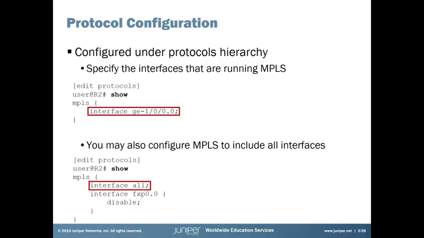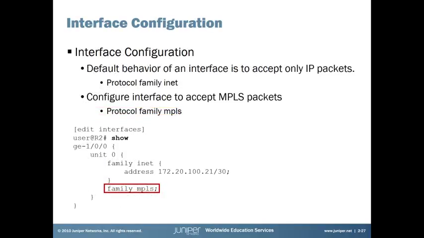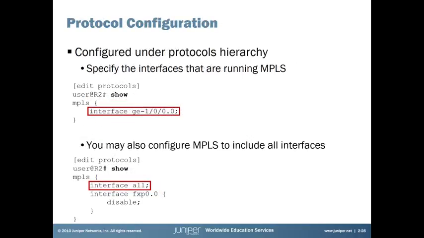Protocol configuration under the protocols hierarchy, you specify the interfaces that are running MPLS. So we've done two things. We've gone to the interface itself and included family MPLS. Then we've gone under the protocols MPLS hierarchy and included the interface name down there.